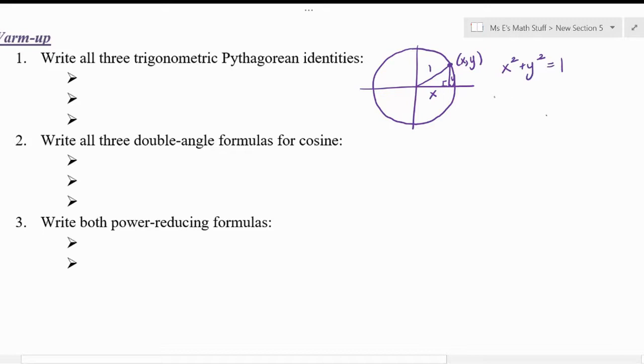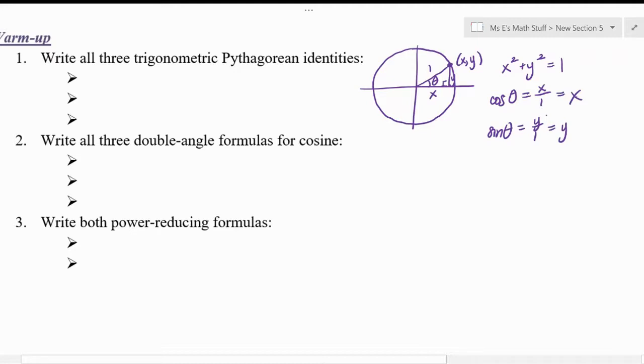And then furthermore, I'm going to put theta there as your central angle. Since cosine of theta is equal to adjacent over hypotenuse, if you're on the unit circle, cosine is just your x coordinate. And similarly, sine of theta is opposite over hypotenuse, which is why the sine is just y on the unit circle.